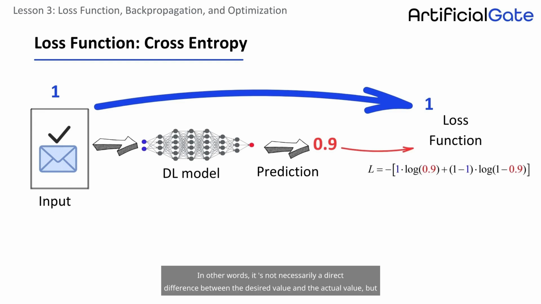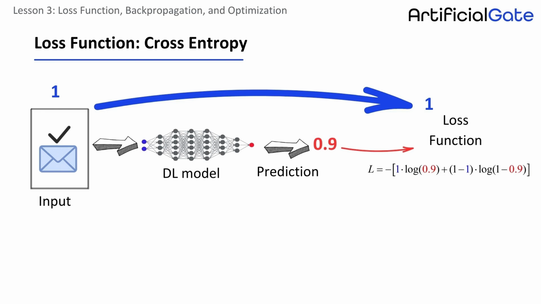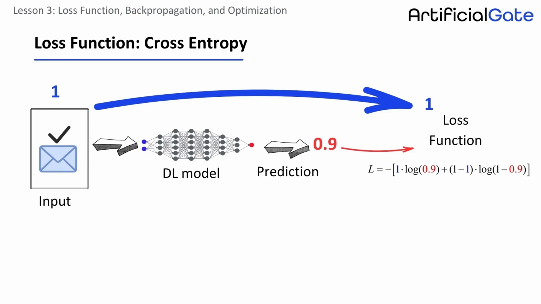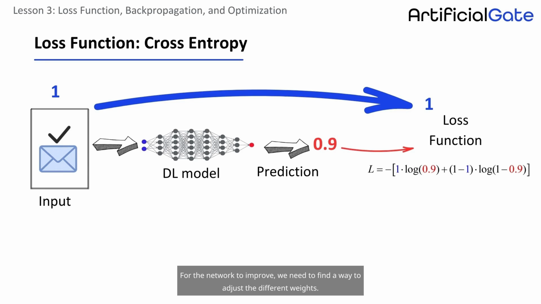In other words, it's not necessarily a direct difference between the desired value and the actual value, but rather a function that represents the change between what we want and what we have. We found that the loss function is different from 0. In other words, the model's performance measurement showed that there's room for improvement. For the network to improve, we need to find a way to adjust the different weights.